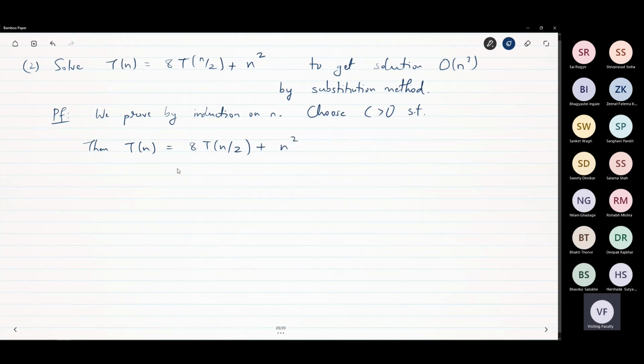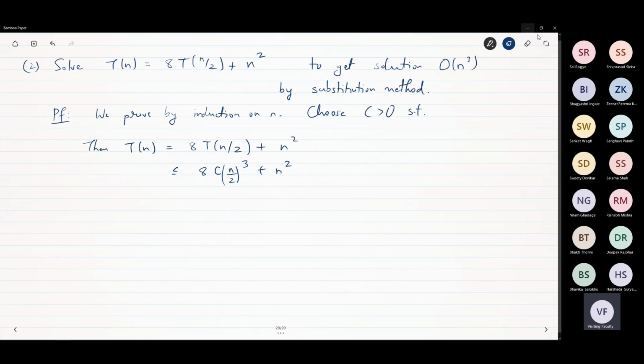Plus n square less than or equal to, by induction hypothesis, 8 c times n by 2 cubed plus n square. Is it clear how we got the induction hypothesis? What are we proving by induction? T of n is less than or equal to C n cube.